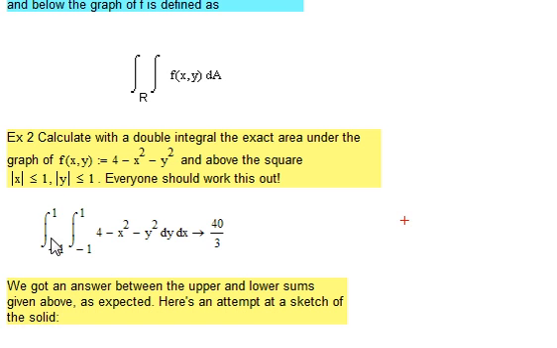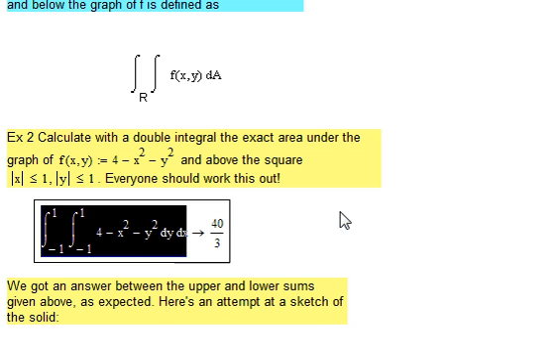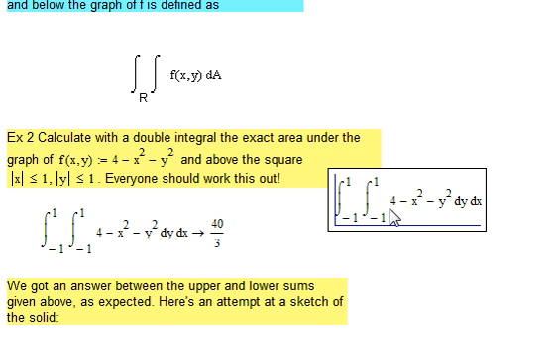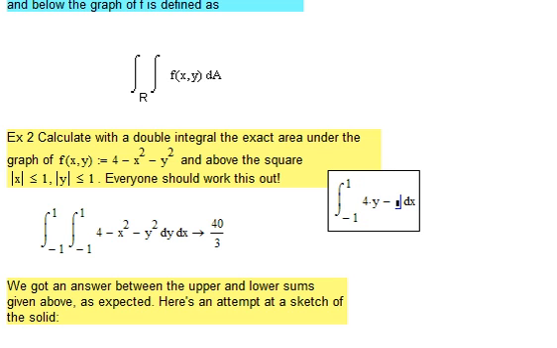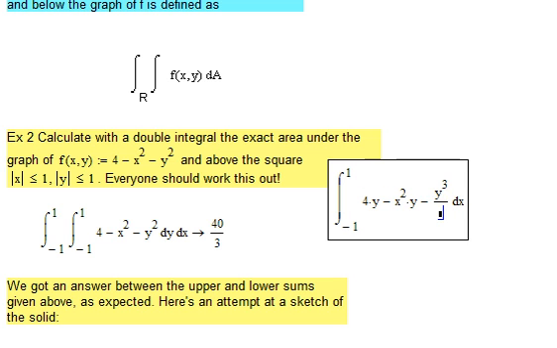If you want some details on that, I guess I could copy this and show you a little more detail than that. My first integral is going to come out 4y minus x squared y minus y cubed over 3. So 4y minus x squared y minus y cubed over 3. And if you look over here at this thing, you should see how that works out.